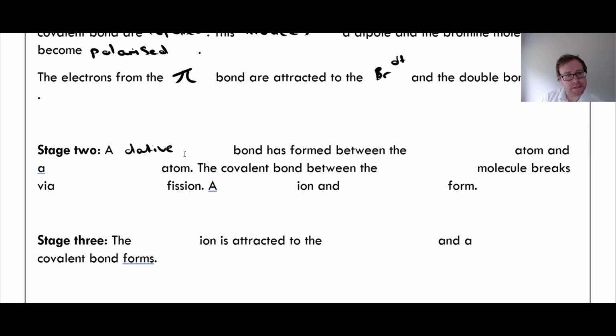A dative covalent bond has formed between the bromine atom and a carbon atom.